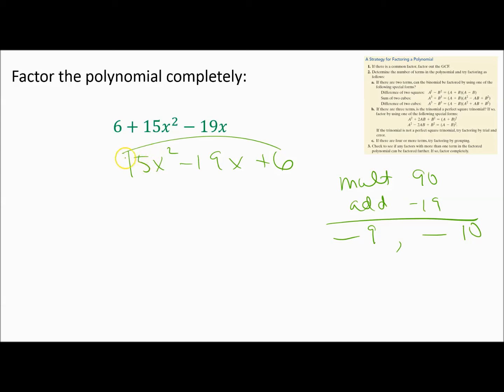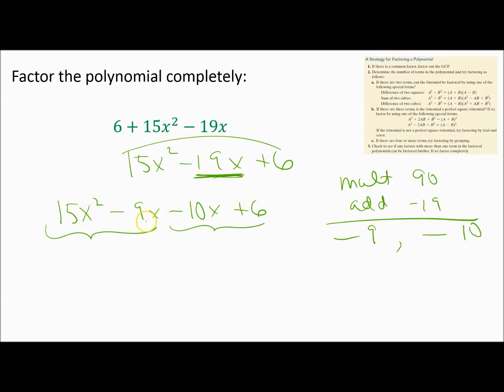That only works when you have a leading coefficient of 1, which we do not have. We're going to rewrite this middle term. So the 15x squared stays 15x squared. I could put minus 9x minus 10x plus 6. I factor out a greatest common factor out of the first 2 terms and one out of the second 2 terms.